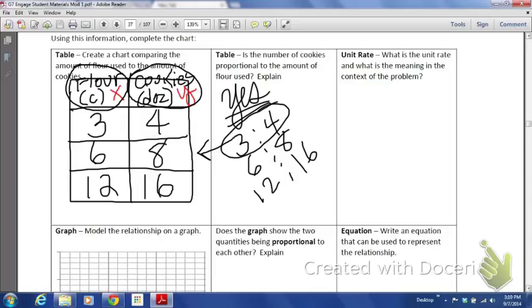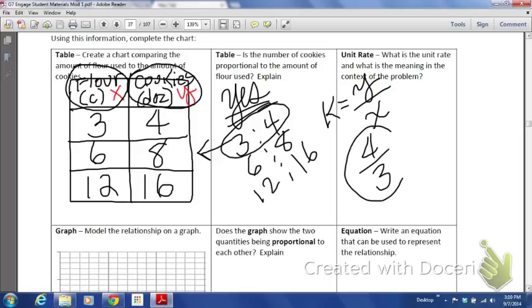The unit rate here would be 3 to 4, and again, when we're figuring out our unit rate, we are going to do y, because our k is y over x, and in this case our y is actually 4 and then over our x, which is 3.